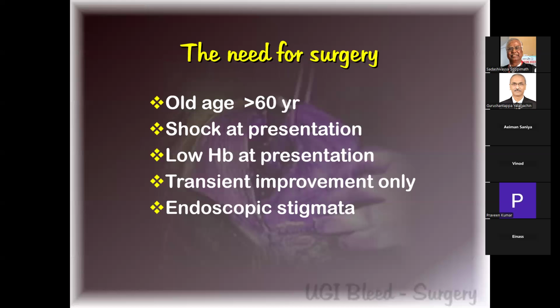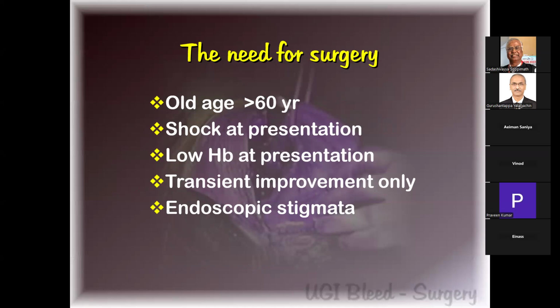So the need for surgery, as I told you. In our analysis of the things we mentioned, apart from the diagnosis and the tools that you have, you must know who are the people who must go for surgery.